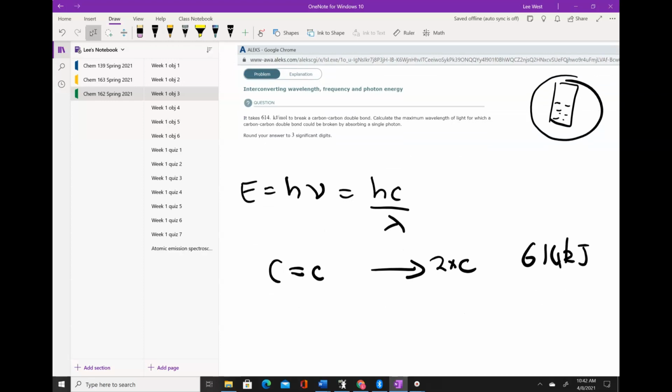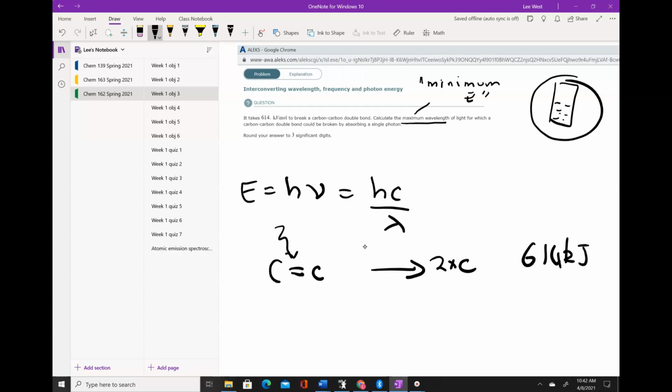Now, what's going to happen is 1 bond will break every time 1 photon is absorbed. And what we're asked to calculate is the maximum wavelength of just the 1 photon to break 1 bond. Now, maximum wavelength is just another way of saying the minimum energy that it has to have. It's the same thing.